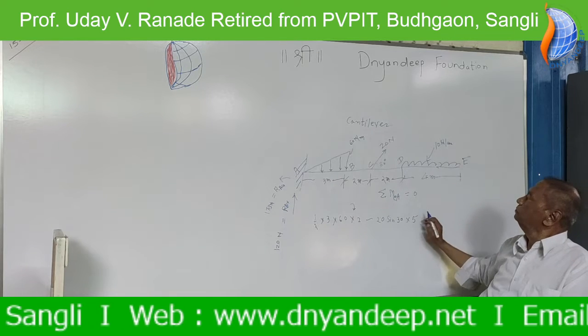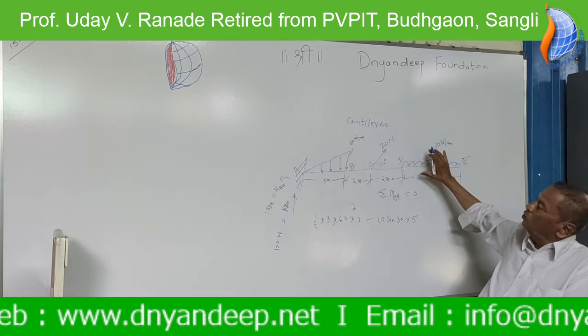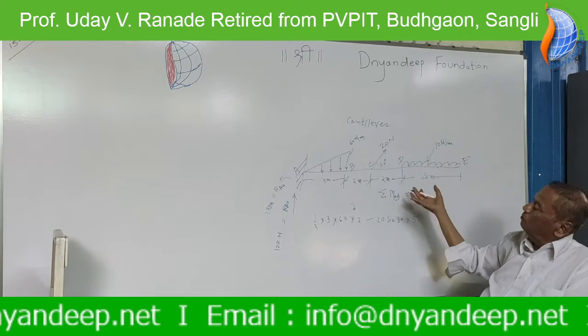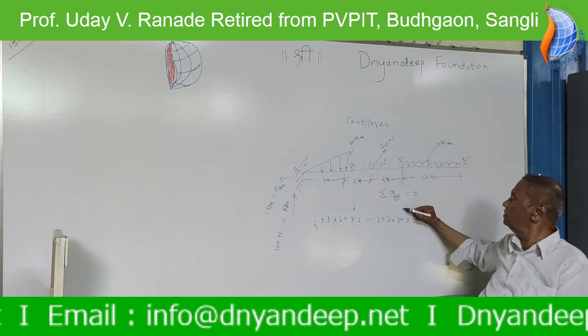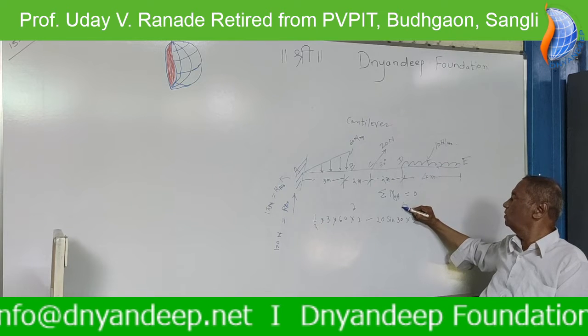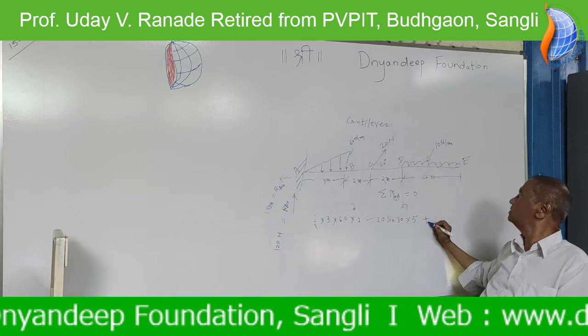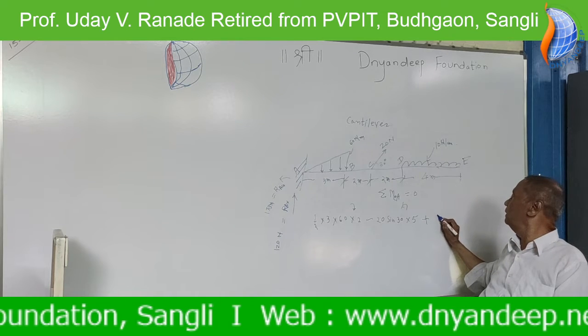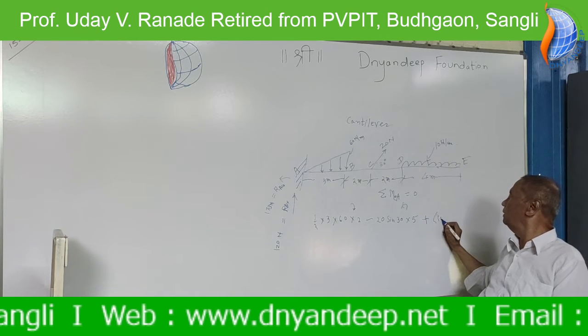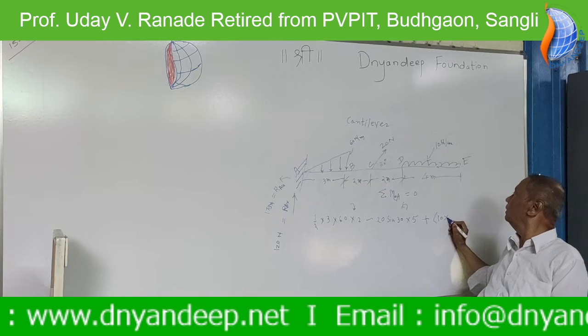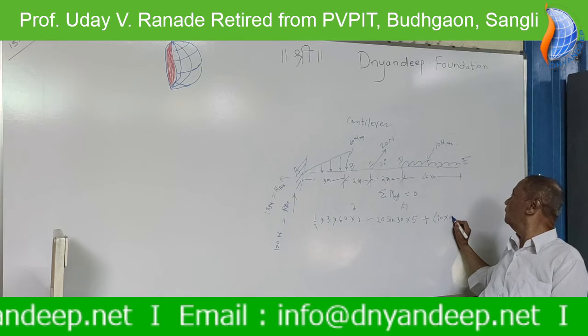Moment of this load. This load will cause moment about A in positive direction. This moment is anti-clockwise, and this moment is plus. It is 10 into 4.